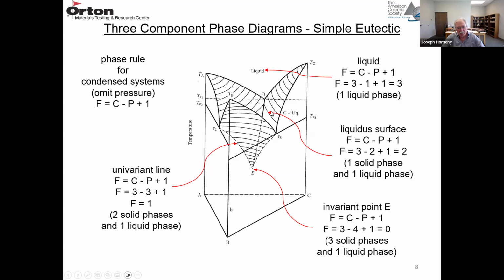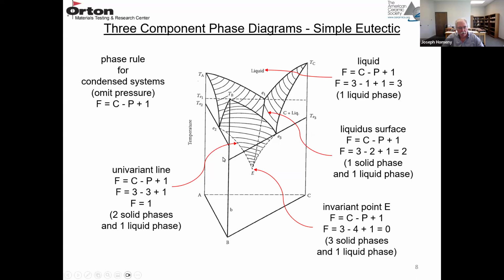If you're on the liquidus surface, you have a solid phase. In this example, it would be C and 1 liquid phase. So P is 2, so F equals 3 minus 2 plus 1, or 2. So 2 degrees of freedom. And then if you're on the boundary line here, that's a univariant line.